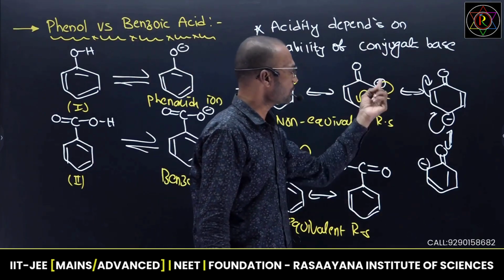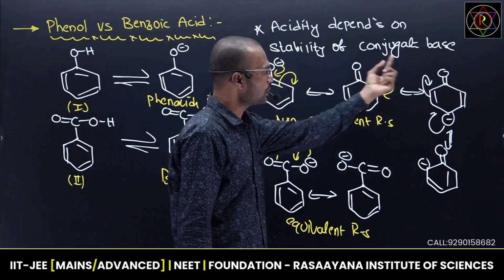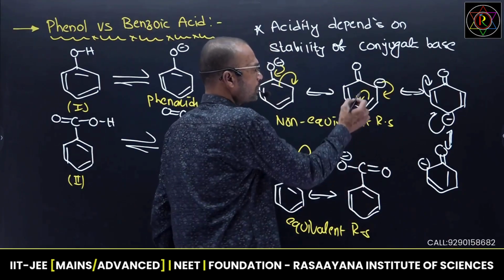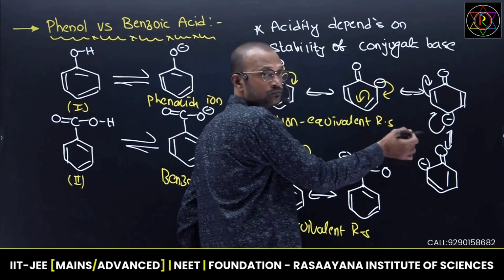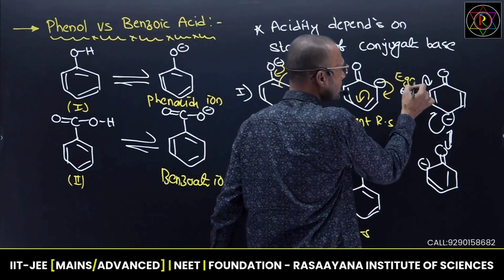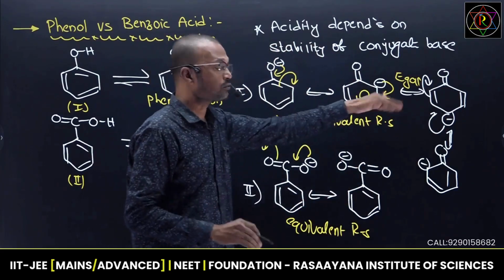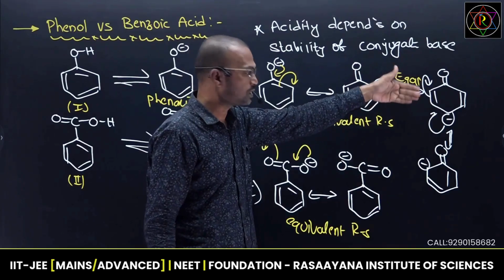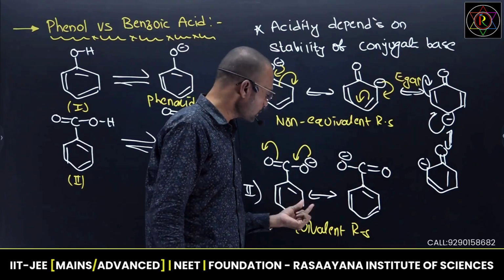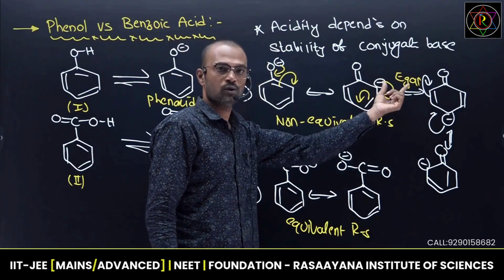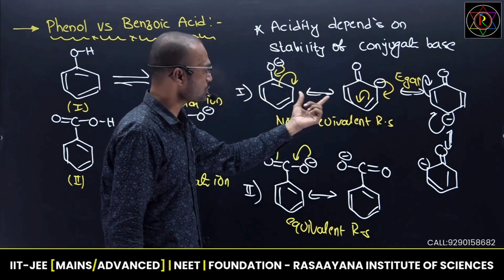This is different as compared to this as well as this. So there is a high energy gap between one resonating structure and another resonating structure. So we can say this is called the energy gap between one resonance form and another resonance form. So interconversion is not easy. Much more energy is wasted here itself. So we can say that benzoate ion is more stable as compared to phenoxide ion, because here there are different resonating structures, but here equivalent resonating structures.